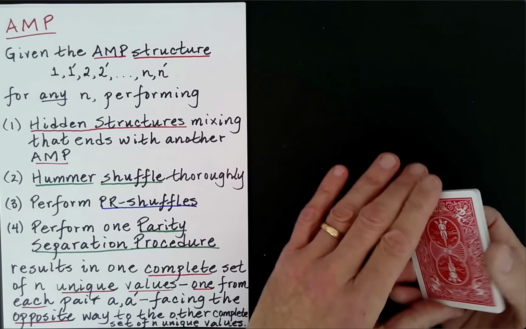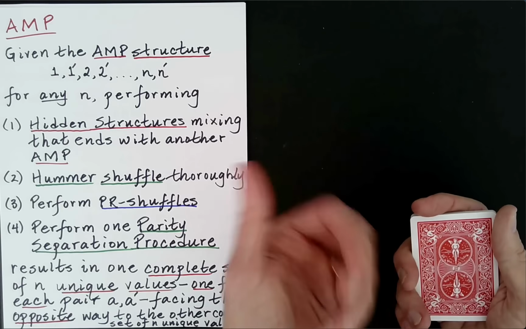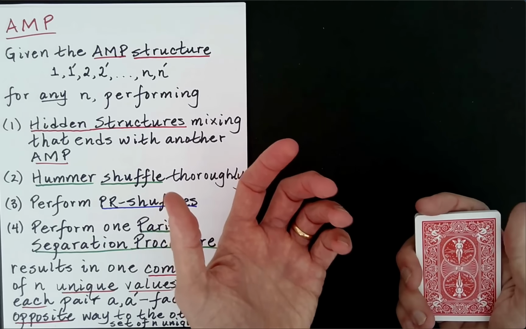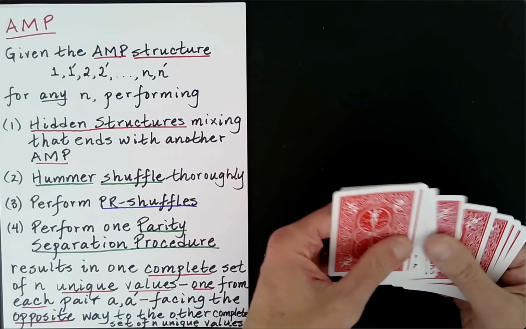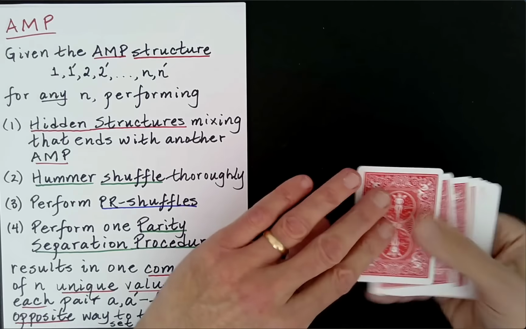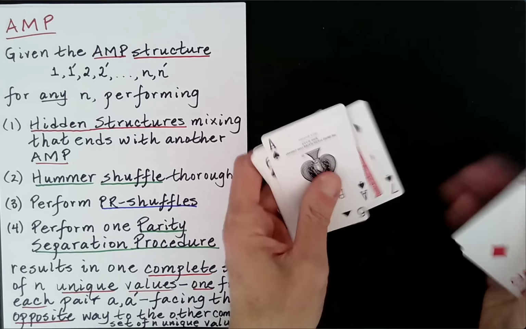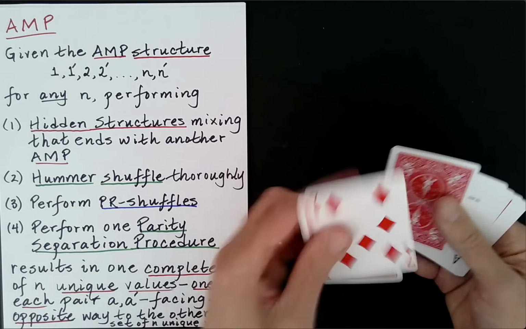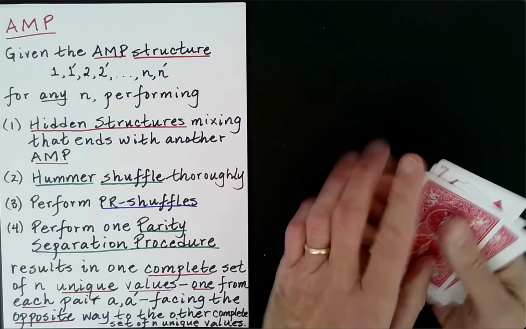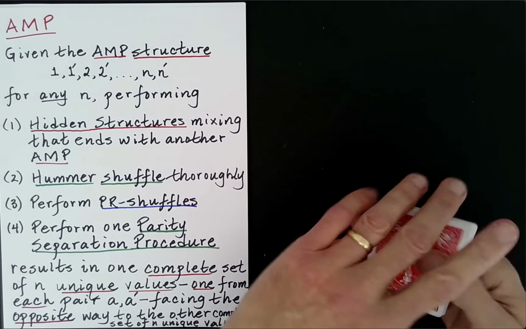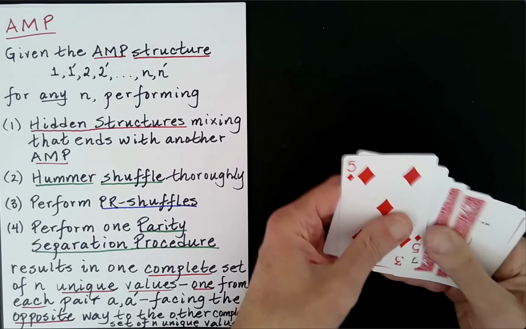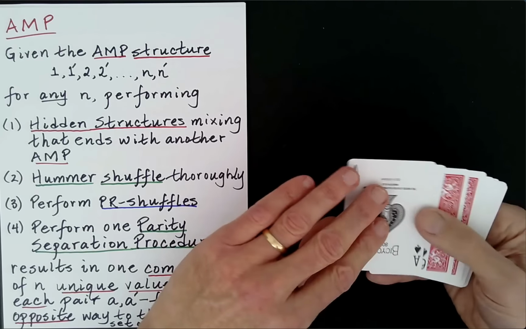Because if you do an even cut, you're going to flip over 2 cards of the same value. But as you begin to mix this, every ordering of the cards is achievable by way of a Hummer shuffle. So it won't take very many of these before every vestige of an AMP is gone.